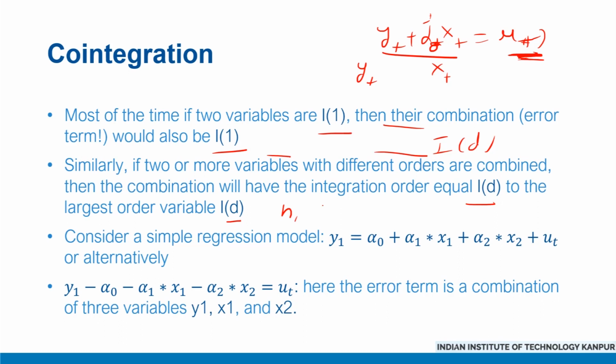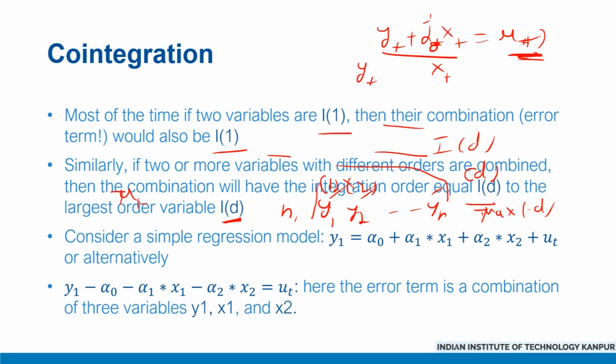For example, if you have n variables like y1, y2, and so on up to yn, which are individually different time series, and some of them are integrated of order 1, some of order 2, and the highest order of integration is d, then the resulting error term is expected to be integrated of the largest order, that is d. So mu t will be integrated of order d, the largest order of integration across all these variables.